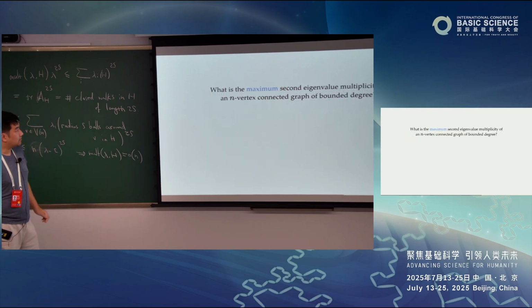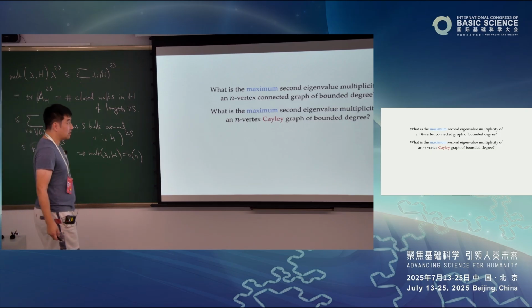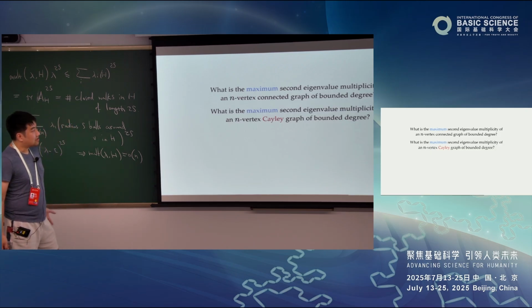All right. Here's a natural question: can you improve on this n over log n? Maybe you care about Cayley graphs or representation theory. Then you may ask about the second eigenvalue multiplicity for Cayley graphs.